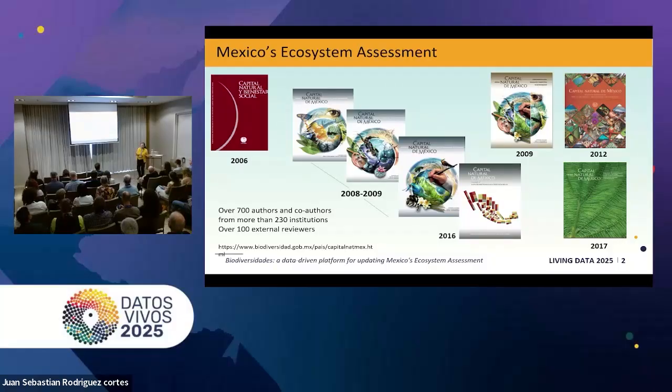So we were inspired by this ecosystem assessment, and in fact we developed the first ecosystem assessment at a national scale, before IPBES. You must see, this is like 14 kilos of books, with very broad participation of more than 800 people, 700 authors, and a lot of peer review partners from many different institutions.